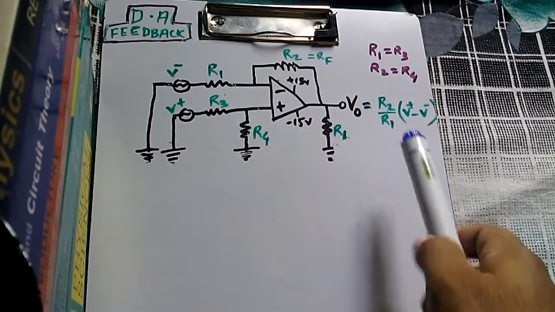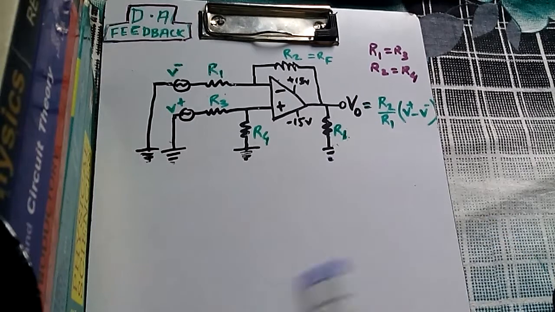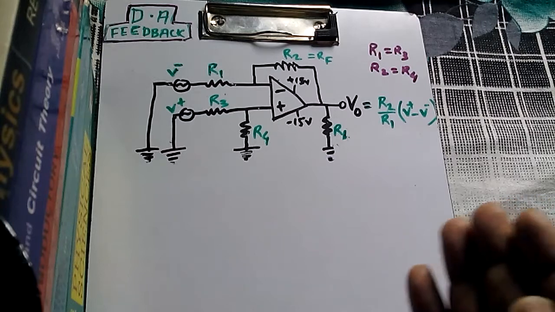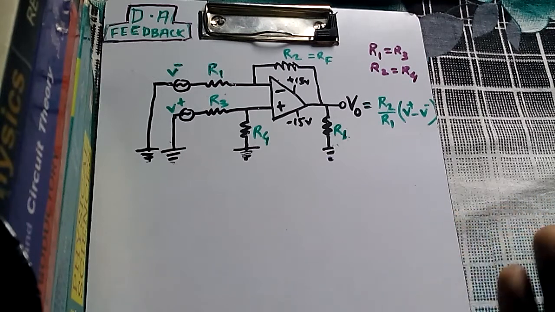So we will derive this by using the principle of superposition. You can remember this is the same principle that we used to find the output voltage for the open loop configuration also. We know that there are three steps under this principle.